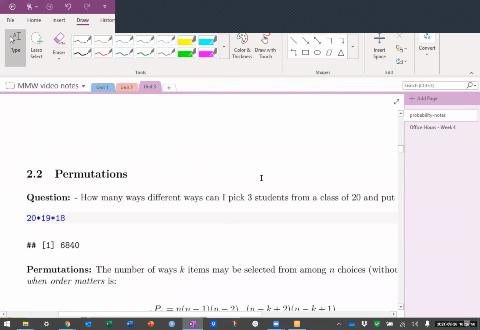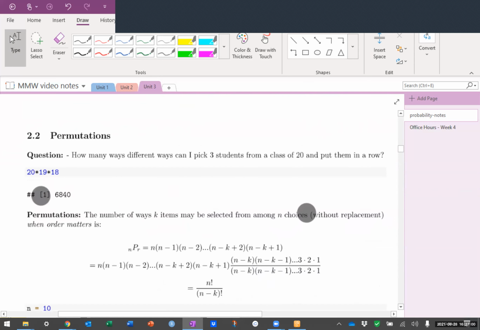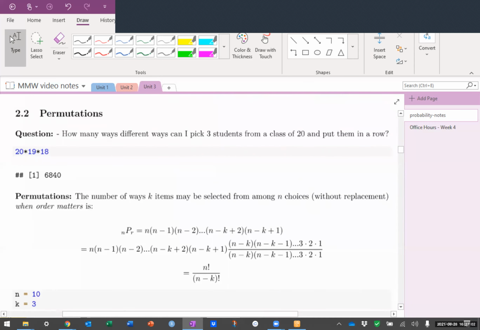Now, a very similar idea is how can I pick a subset of some set and put them in a row? Maybe I have a class of 20 people and I'm going to pick 3 people to come up and be a part of a demonstration. So there's 3 spots. There's 20 ways I could pick the first student.